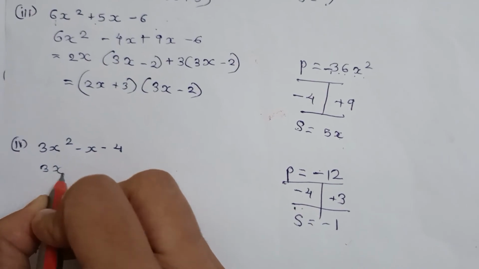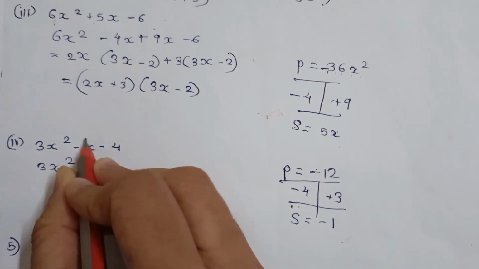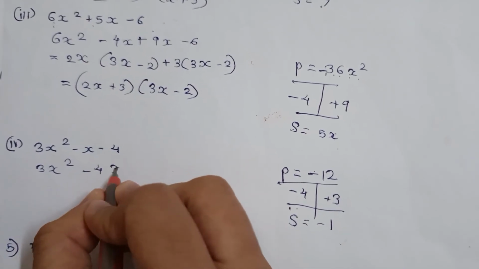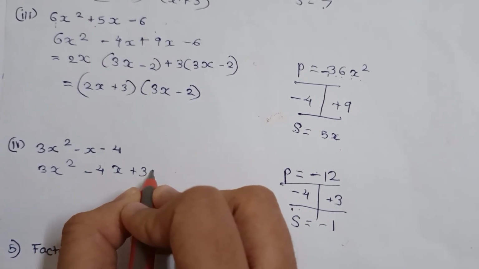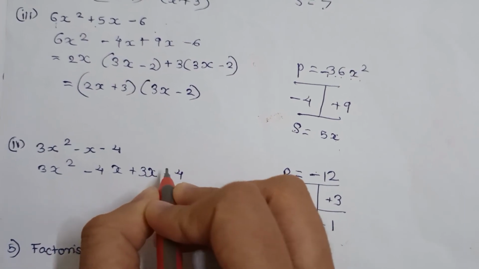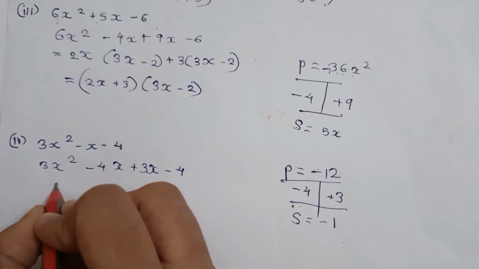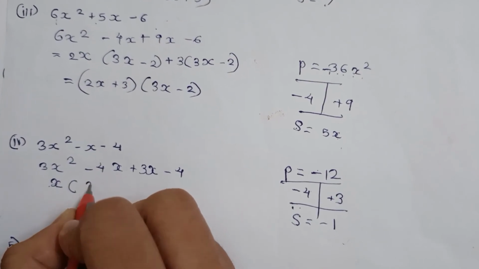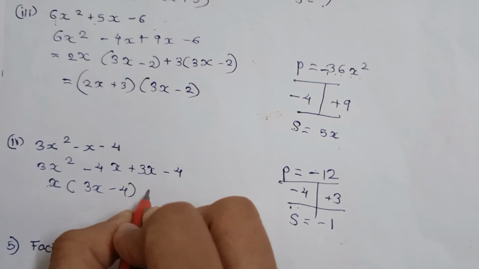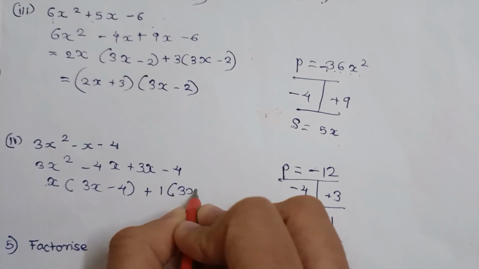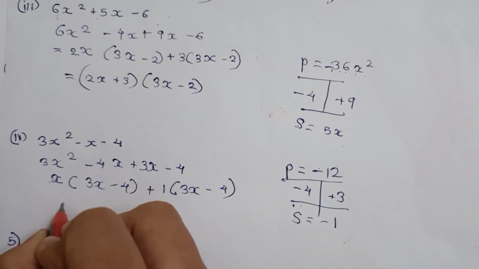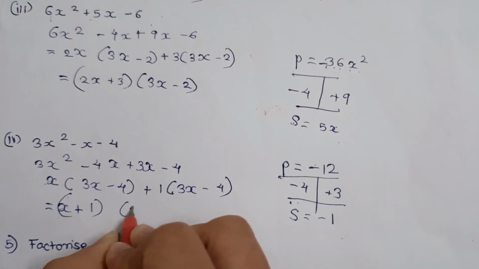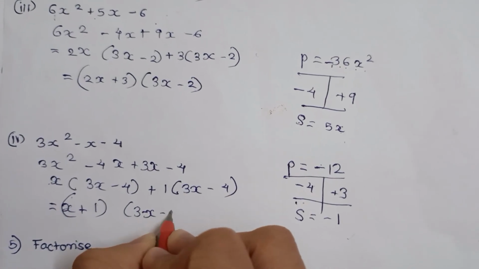So 3x square, we will split the middle term by minus 4x and plus 3x minus 4. Here x is common, we will take outside. x times 3x minus 4, plus 1 multiplied by 3x minus 4. So x plus 1 multiplied by 3x minus 4 will be the answer.